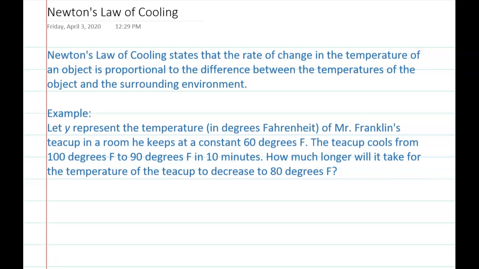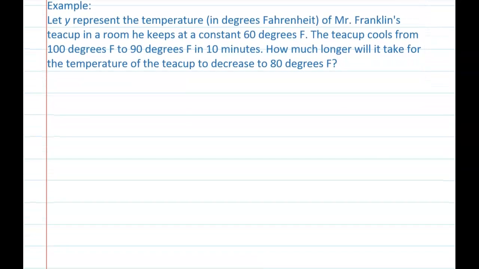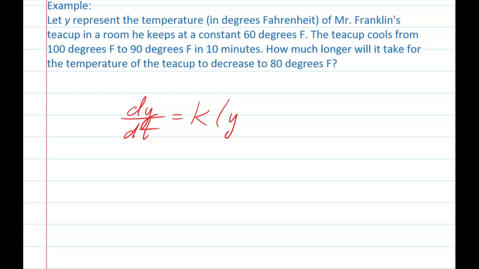So first of all, we need a differential equation to represent something that changes based on a temperature differential. In this particular problem, we're going to let y be the temperature, and we're going to be looking at how the temperature changes with respect to time, and it's going to change in a way that's proportional to the difference between that temperature y and the temperature of the surroundings, in this case, the 60 degrees.